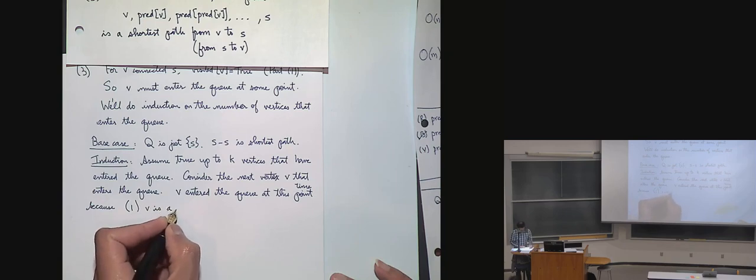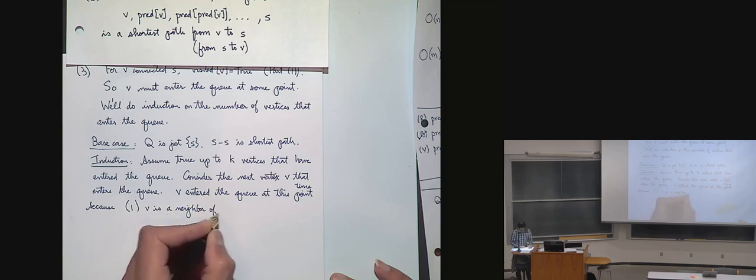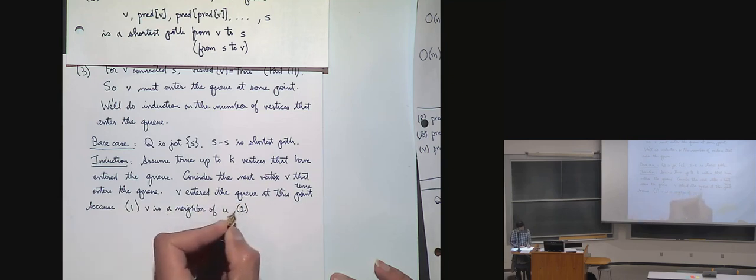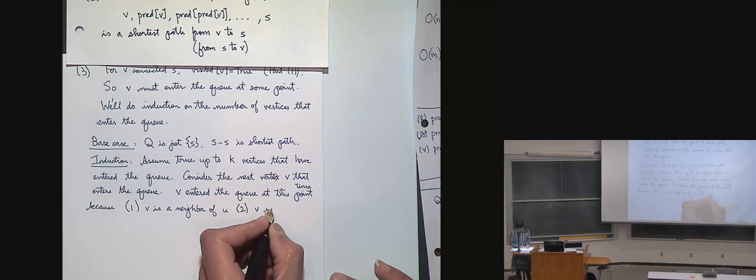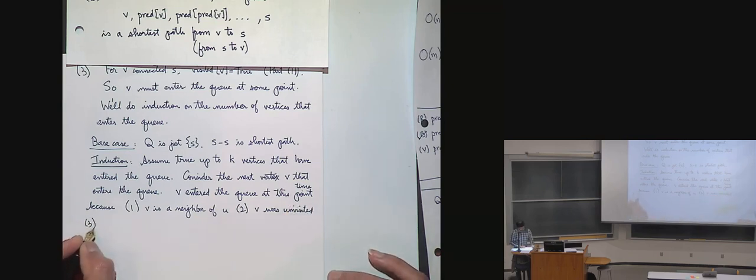V is a neighbor of U. V was unvisited, and 3, U got DQ'd. Right? That's basically what happened, right?